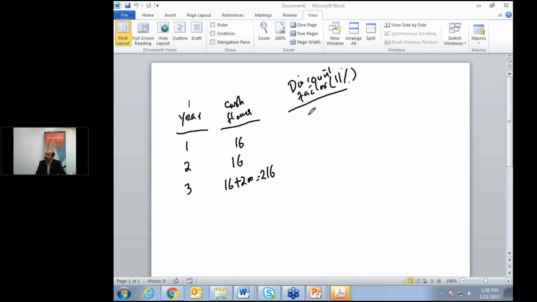So this will be the discount factor at the rate of 11%. For first year, this will be 1 divided by 1.11, in the second year 1 divided by 1.11 raised to power 2, and in the third year 1 divided by 1.11 raised to power 3.